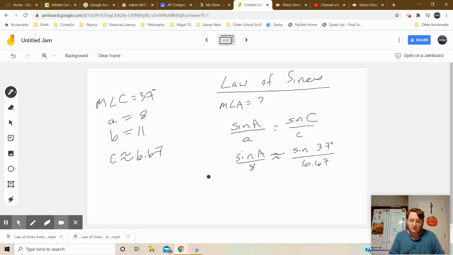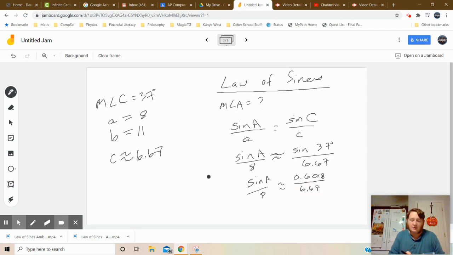So with the assistance of a calculator, we're going to check what sine of 37 degrees is. We're going to get that sine of A is to 8 as 0.6018 is to 6.67.